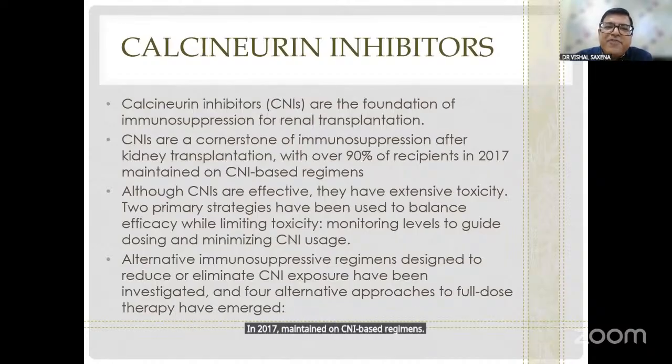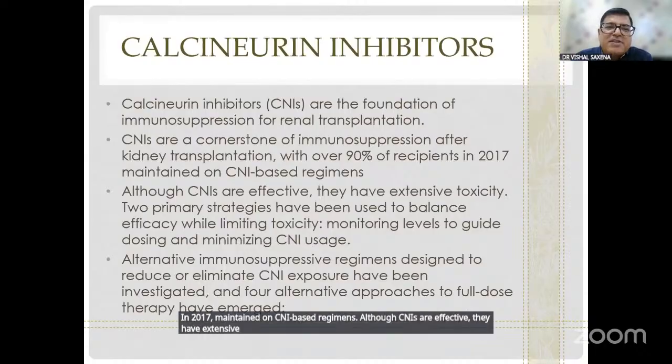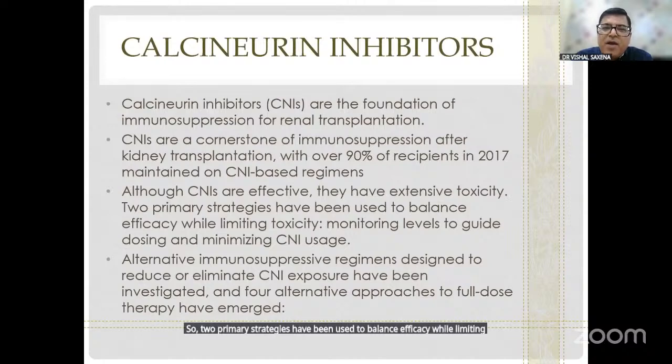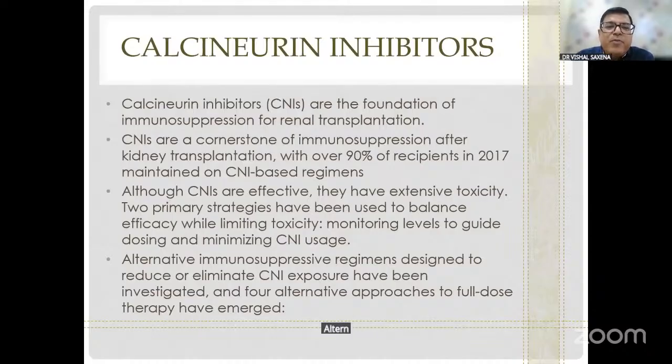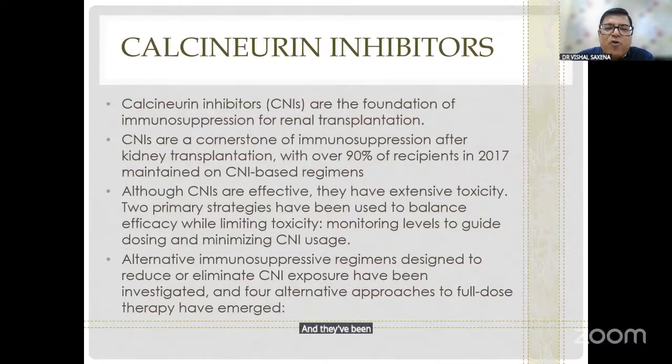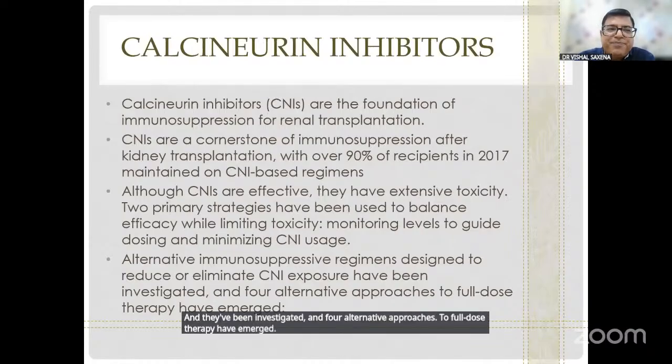Although CNIs are effective, they have extensive toxicity. So, two primary strategies have been used to balance efficacy while limiting toxicity. One is to monitor the levels to guide the dosing and minimize the CNI usage. Alternative immunosuppressive regimens have been designed to reduce or eliminate CNI exposure, and they have been investigated, and four alternative approaches to full dose therapy have emerged.